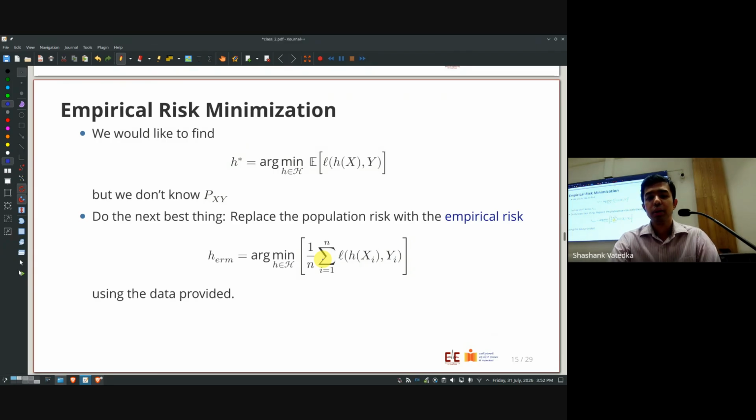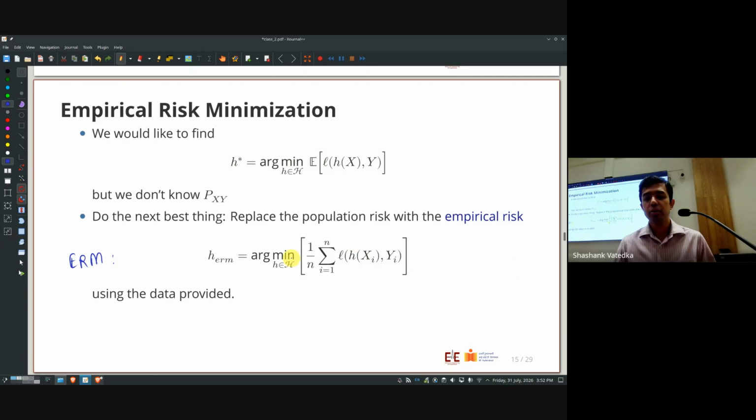This is what is called empirical risk minimization. And this is essentially the workhorse of almost all supervised machine learning algorithms. In fact, even in other learning problems, you try to minimize some form of empirical risk or a variant of it.